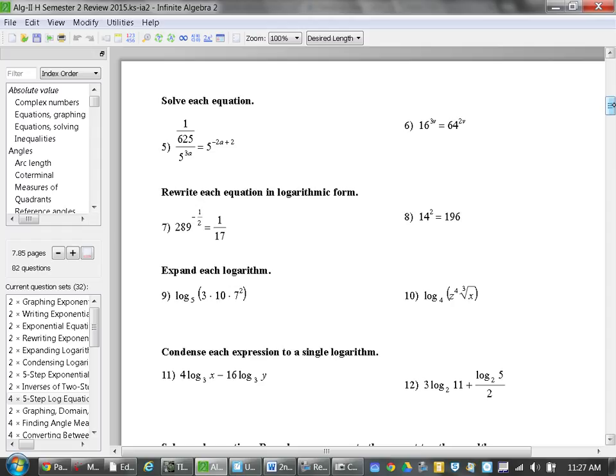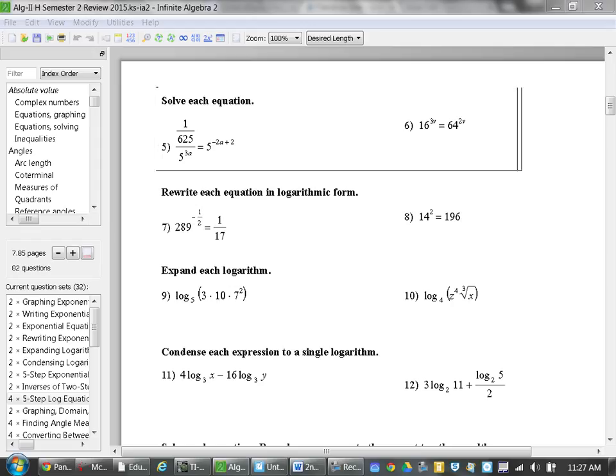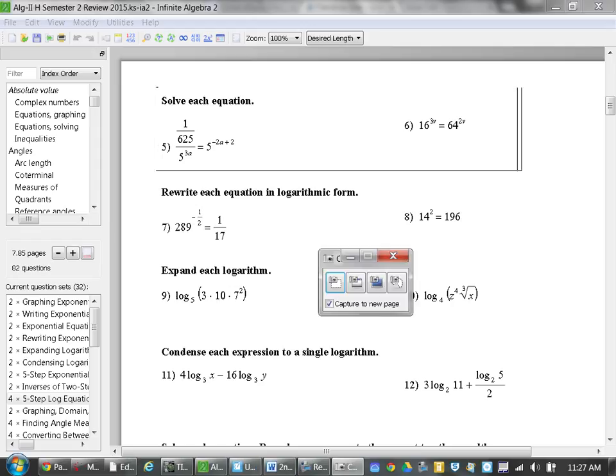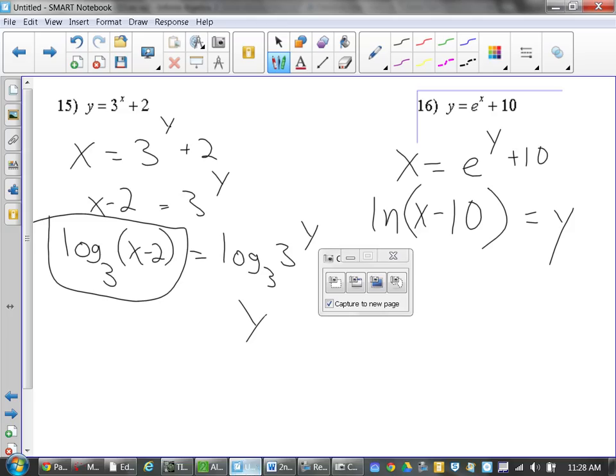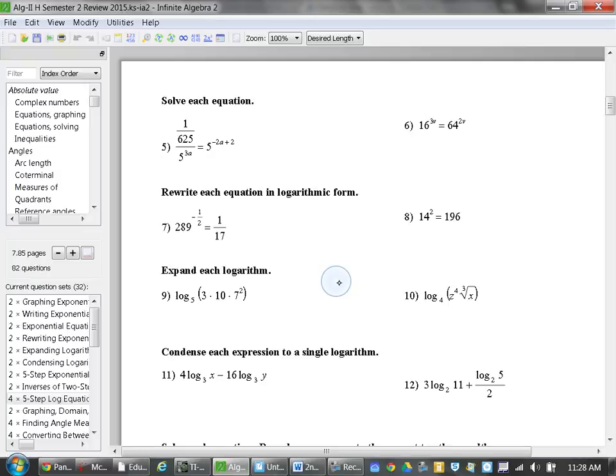When you're solving equations with these, they are forcing you to rewrite them in the same base. So on number 5, it's trying to force you to rewrite all of the numbers as base 5s.